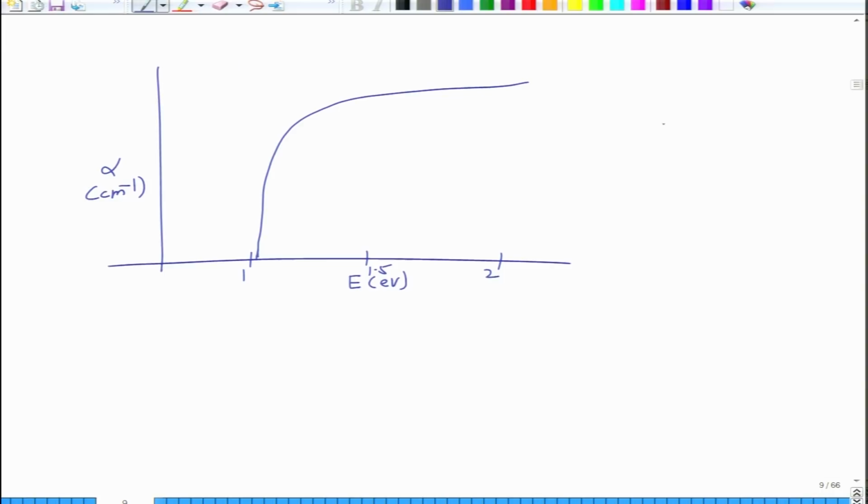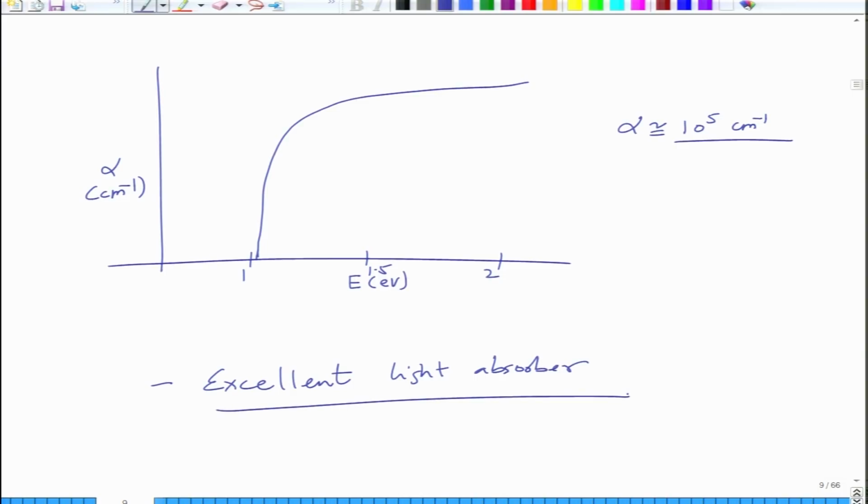So, the values reach about 10 to the power 5 centimeter inverse in the useful range. So, it is a very good absorber of light, excellent. Most of these materials are very good absorbers as against silicon.